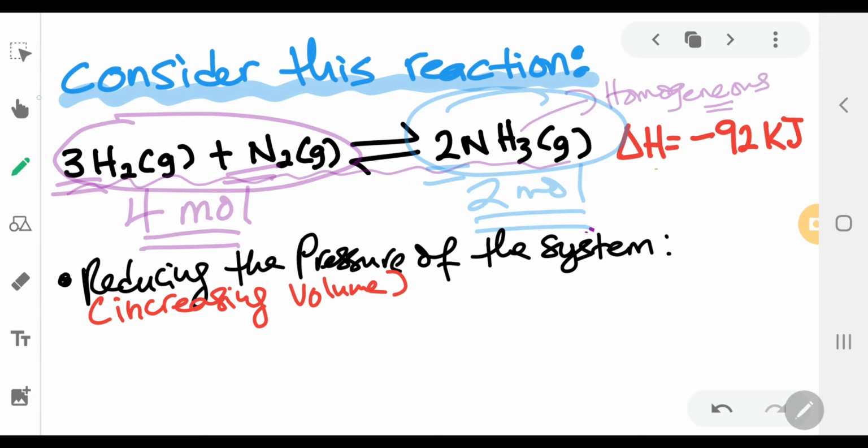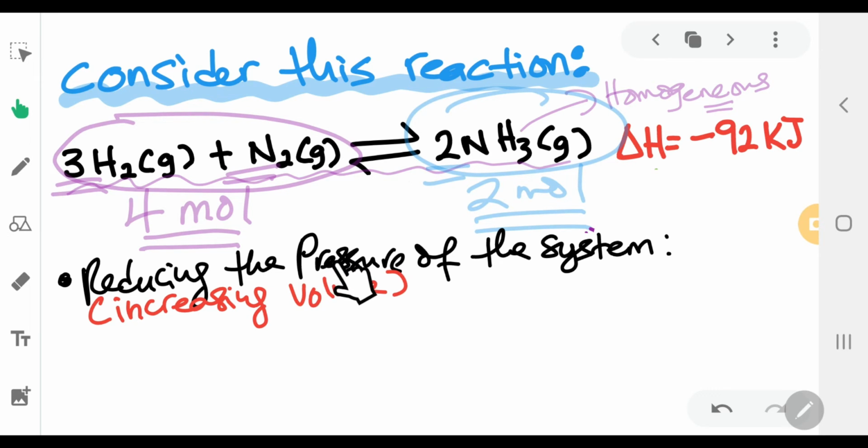When you increase the volume, you are reducing the pressure. So what happens if you reduce pressure or increase volume? You have to look at the number of moles of your gaseous species. Over here you have 4 moles, here you have 2 moles. Now you are reducing the pressure, so you want to increase the pressure now, because you reduced it.